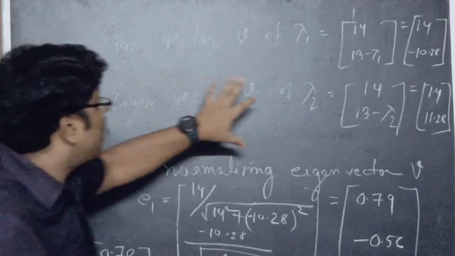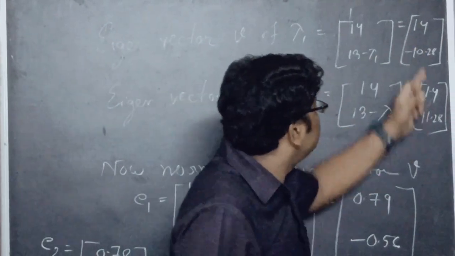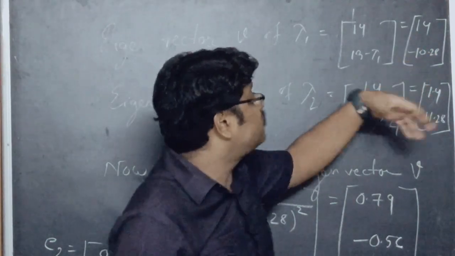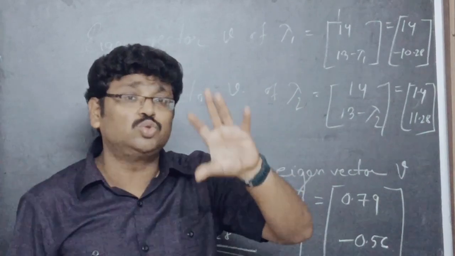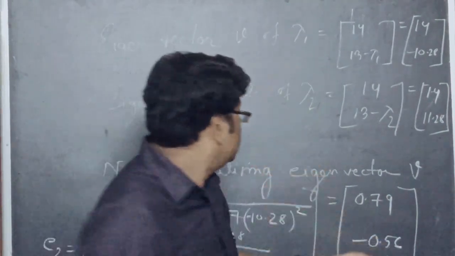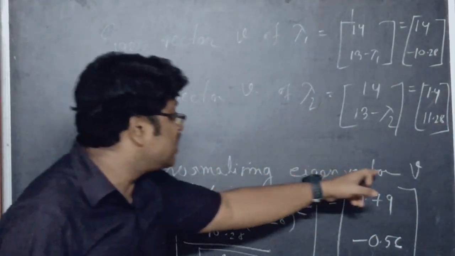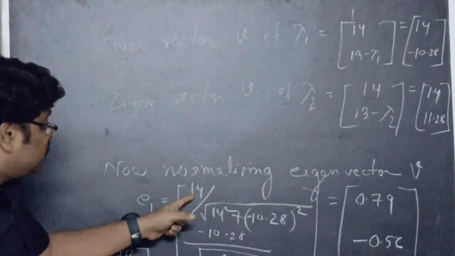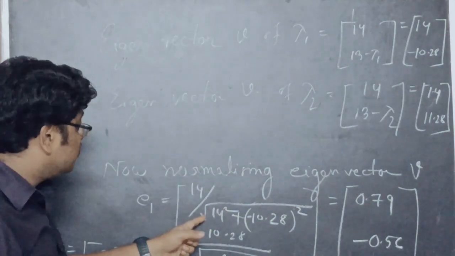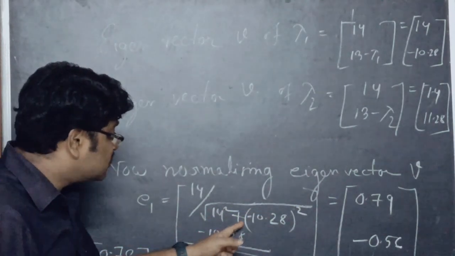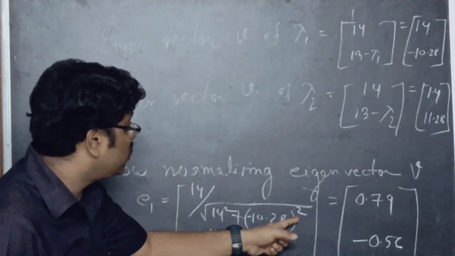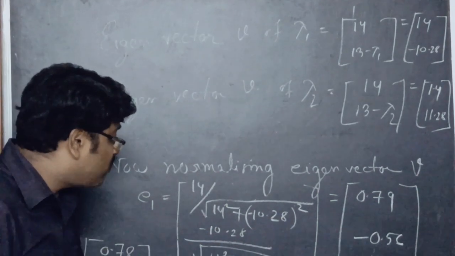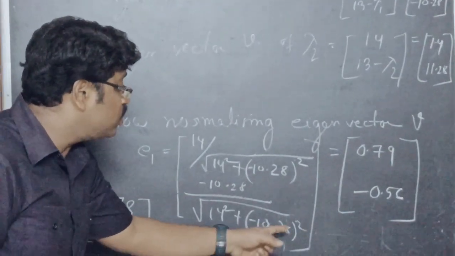Now look, these values are not equal to 1 or less than 1, so we have to normalize it, and this value should be within 1. So now, normalizing the eigenvector E1, that is 14 over the root of 14 square plus minus 10.28 whole square, and minus 10.28 divided by the root of 14 square plus minus 10.28 whole square.